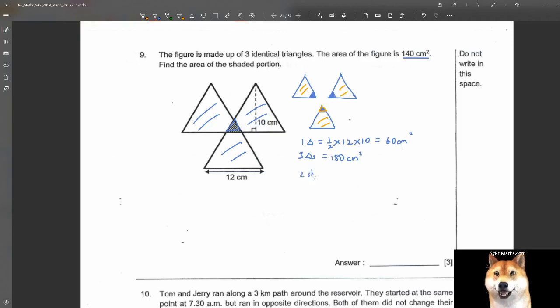So 2 shaded portions, because the question states portion, equals 180 minus 140, which gives you 40 cm square. So one shaded portion will give you 40 divided by 2, 20 cm square. That's it.